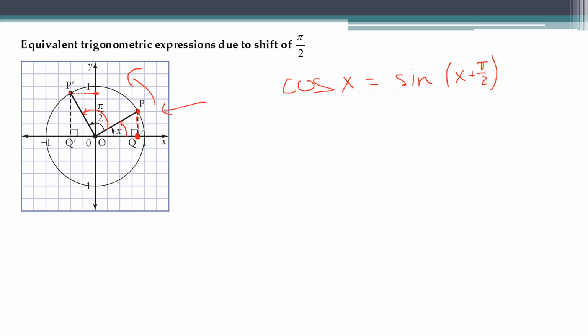And remember, for example, if your terminal arm is in the first quadrant, remember the CAST rule. In the first quadrant, every trigonometric function is positive. In the second, only sine is positive. Then in the third, tangent is positive. In the fourth, only cosine is positive.